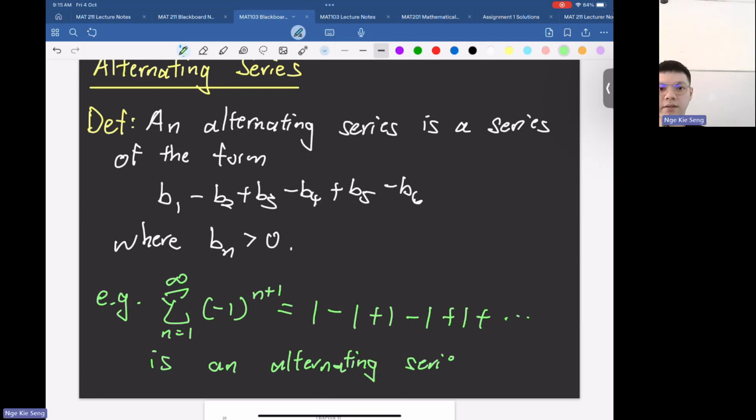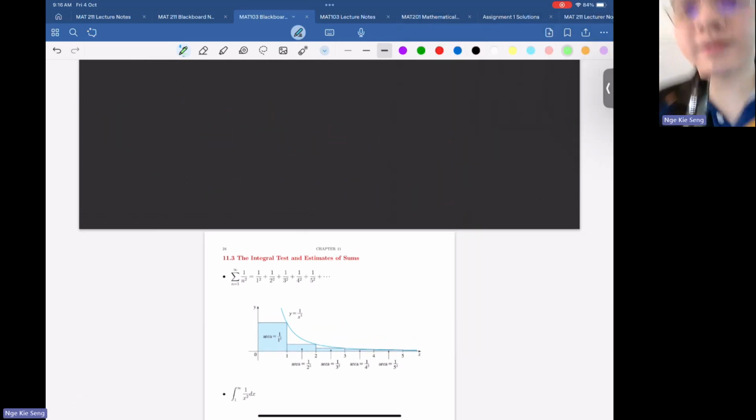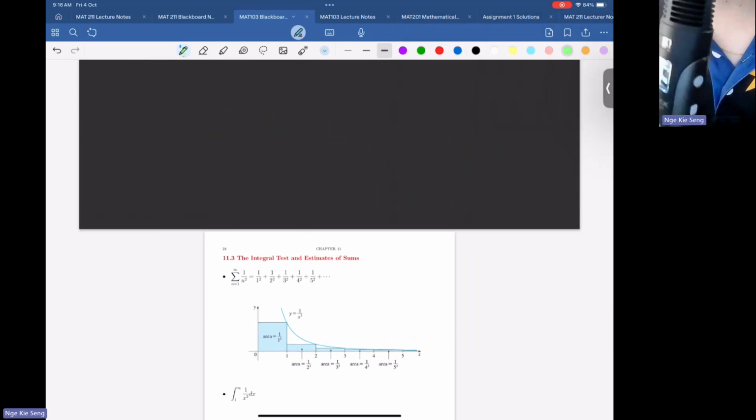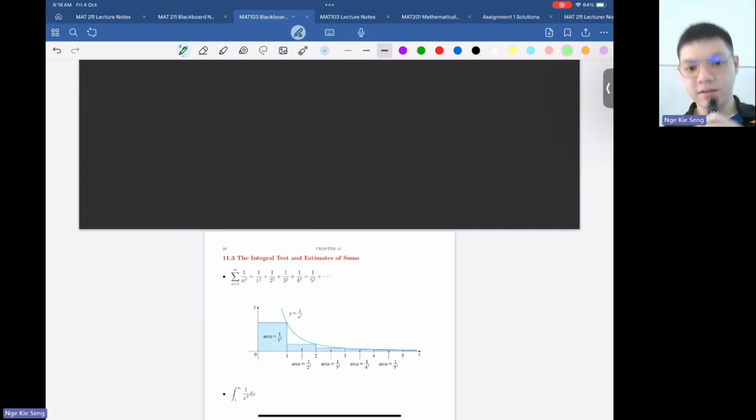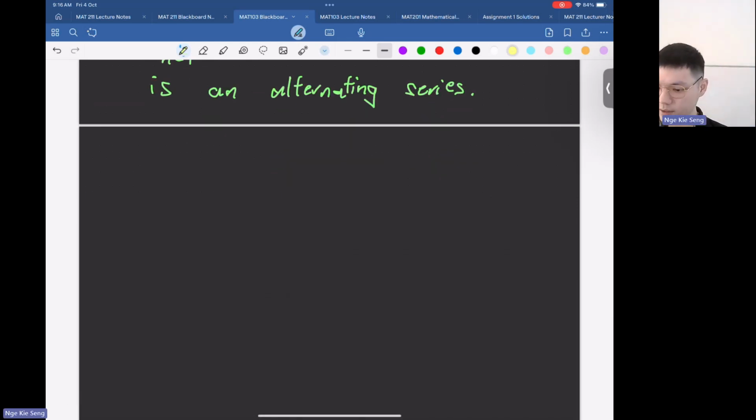So for this kind of special alternating series, we also have a test. Let's write down what the alternating series test is.